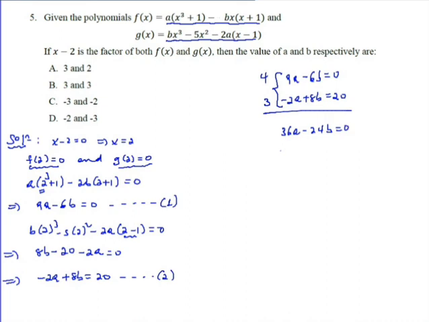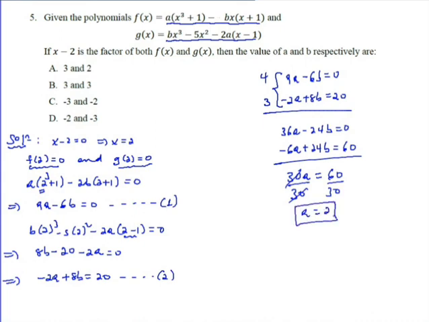The second one becomes minus 6a plus 24b is equal to 60. Now we add vertically. 36a with minus 6a becomes 30a, minus 24b with 24b becomes 0. So this becomes 60, therefore dividing both sides by 30, the value of a becomes 2.